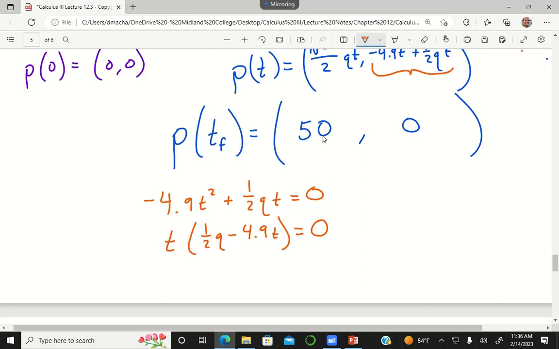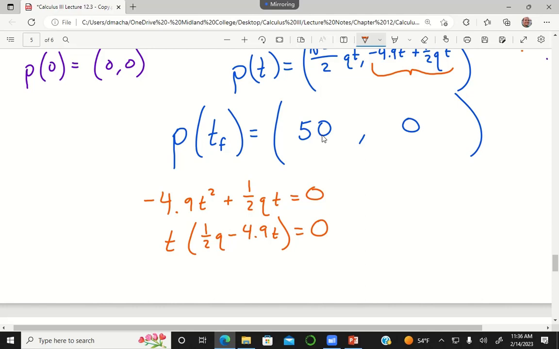So there are two solutions, because this is a quadratic equation. One solution is just setting t equal to 0, and that's just telling you that when the time is 0, the y coordinate of the cannonball is at ground level. It's inside the cannon, about to be fired.